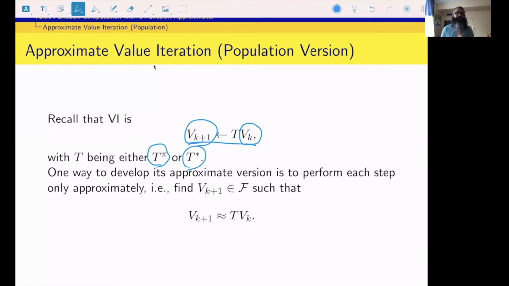So I use T for both of them here. One way to develop an approximate value iteration is to perform each step only approximately. So find a Vk plus 1 that belongs to function space F, such that it is approximately equal to T of Vk. So that's a general idea.